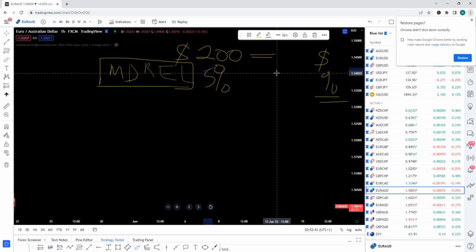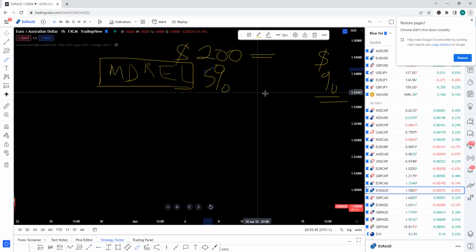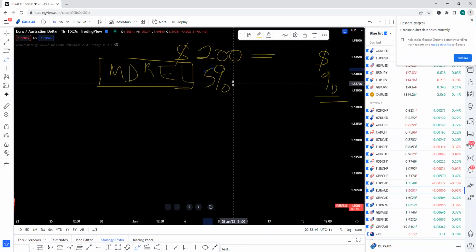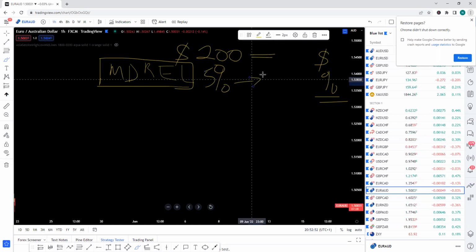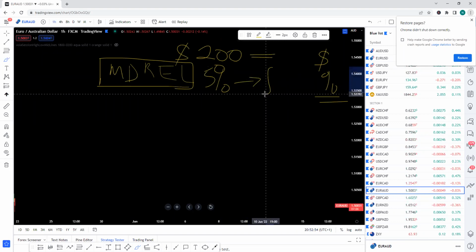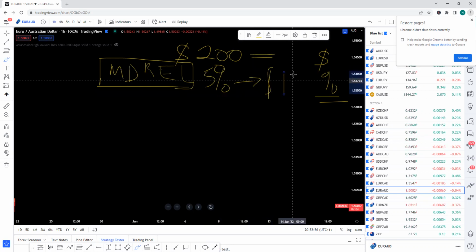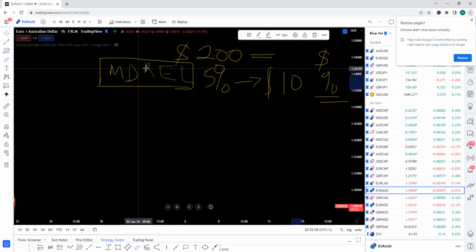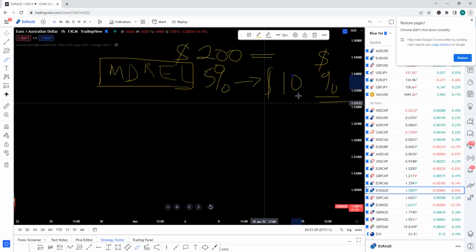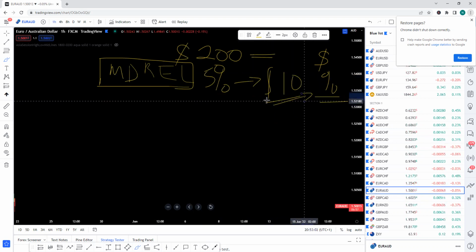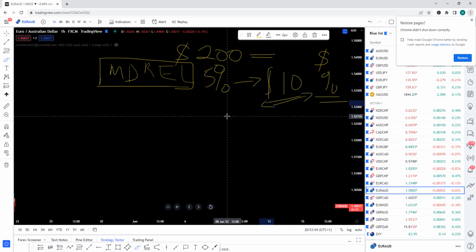This is to permit you to plan your capital appropriately. And 5% of $200 is going to be how much? $10. Meaning, if you have a $200 account, you are going to permit risk of $10 in a day.